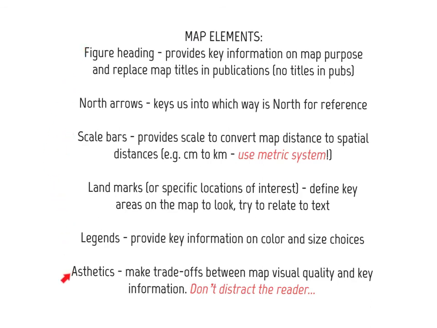And finally, we have the aesthetics of maps. You're going to have to make trade-offs between map visual quality and key information on the map. The goal is to try not to distract the reader away from what you're interested in showing them for something else in the map.